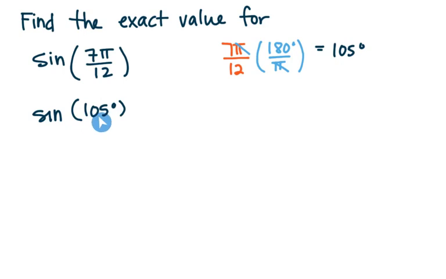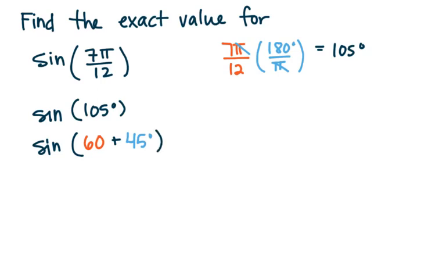So now let's think about two values on the unit circle that I can either add or subtract to create 105. The easiest two values for me are 60 and 45. So this is the same as the sine of 60 degrees plus 45 degrees.